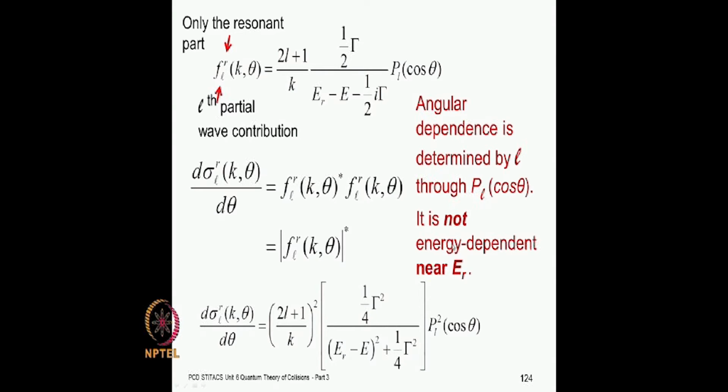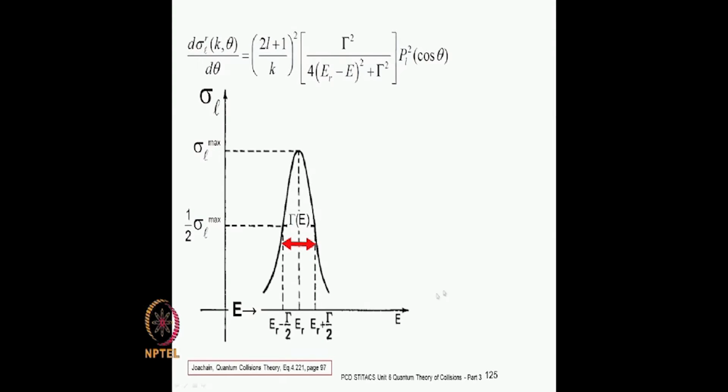So all the angular dependence is determined essentially by L through PL cos theta, and this angular dependence becomes independent of energy, because when you are close to resonance, that factor also disappears. So this is the picture that is emerging, and this gives us the Breit-Wigner relation, because this is a pure resonance. You have the differential cross section given over here.